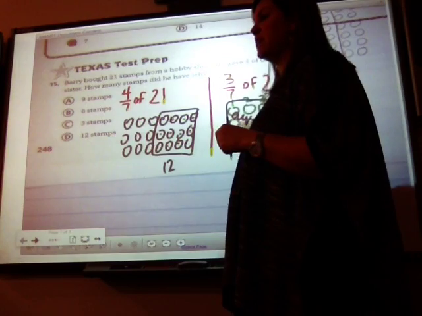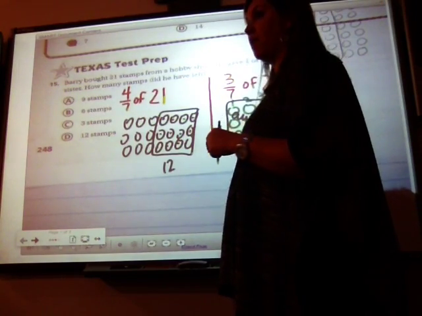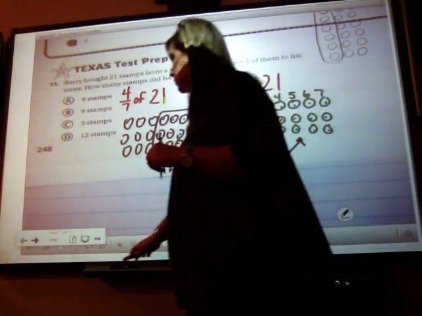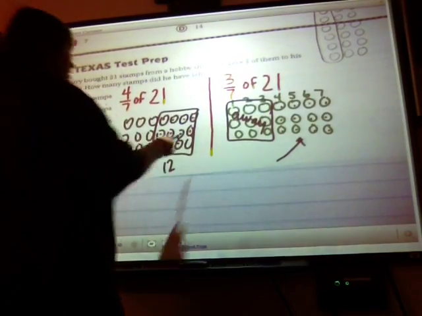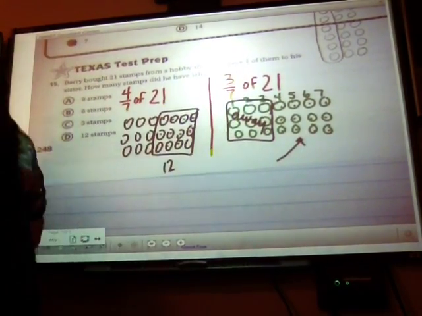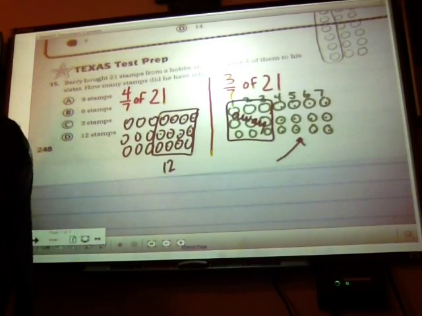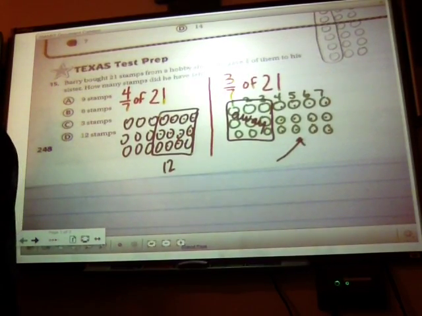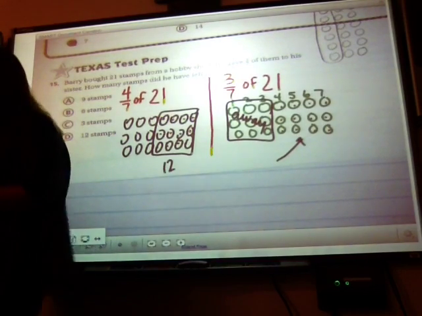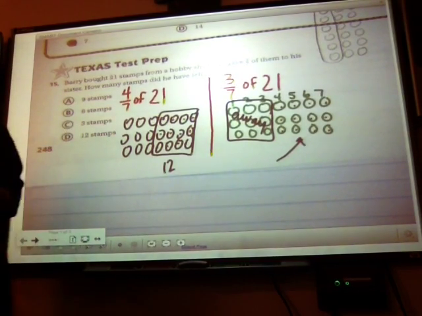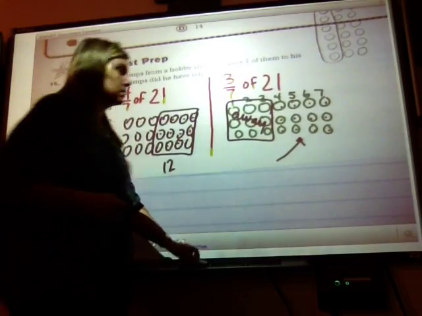Or you could have done the opposite: what he gave away versus what he kept. So my answer is 12. Now, is 3 sevenths of 21 9? Yes, that is true, but I don't want to know how much he gave away. You can also look at it that way. Awesome. Yes, you can.